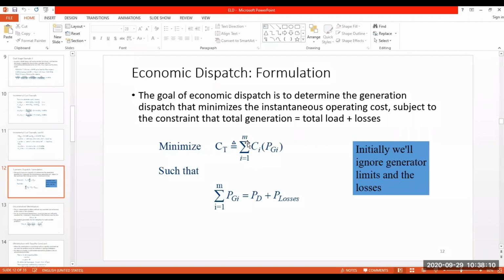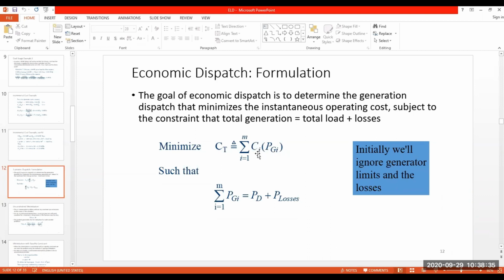So this is our objective function, the first one. CT is the summation of all the costs, starting from i equals 1 up to M, where M is the total number of generators, and each cost function is a function of the generation of its own. That means the cost function for generator number 1 is dependent only on its own generation.